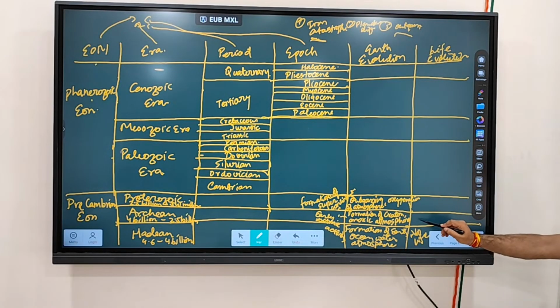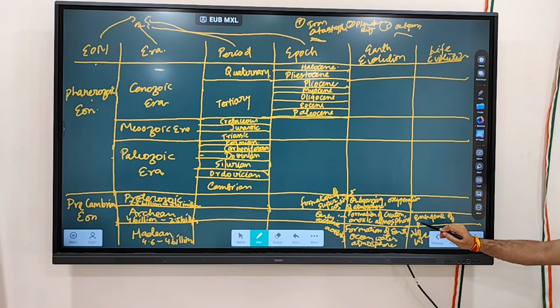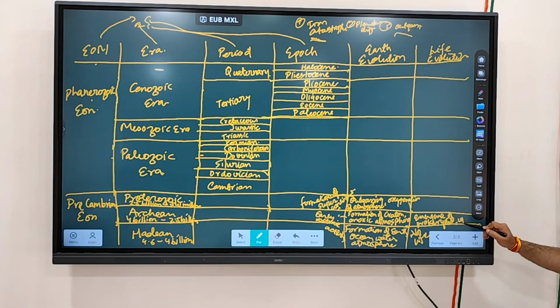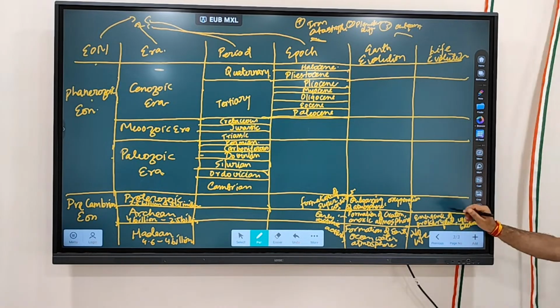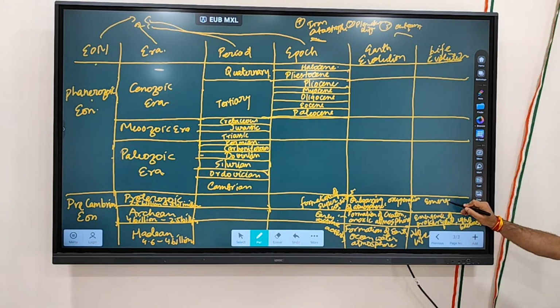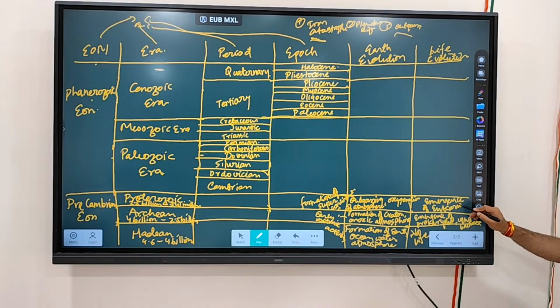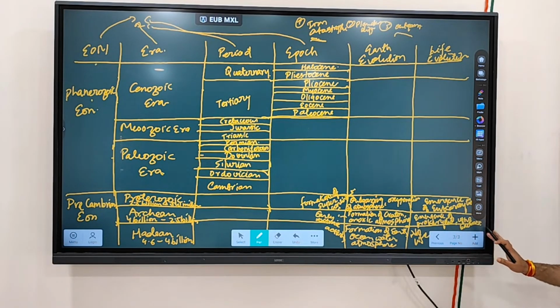You will see the emergence of whom? Emergence of prokaryotes and cyanobacteria. And finally, you will see the emergence of eukaryotes. So the emergence of prokaryotes and cyanobacteria is happening in which phase?